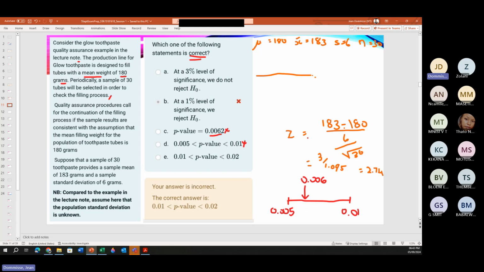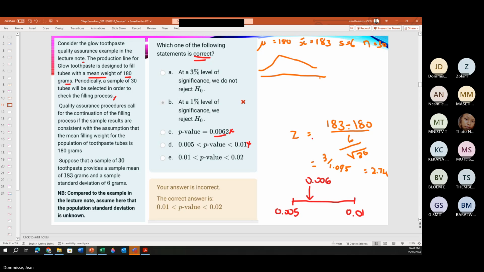Okay, so then when we look at the p-value, just imagine that is a normal distribution, 2,74. Suppose that the sum provides that.